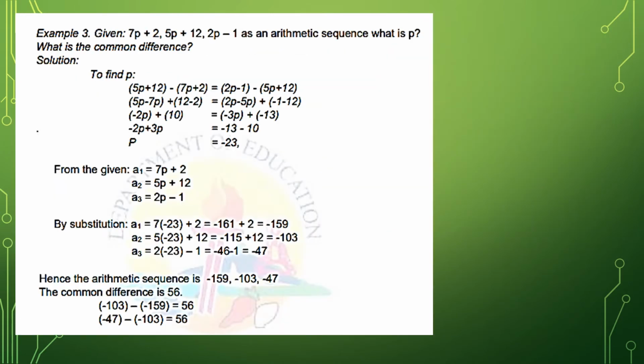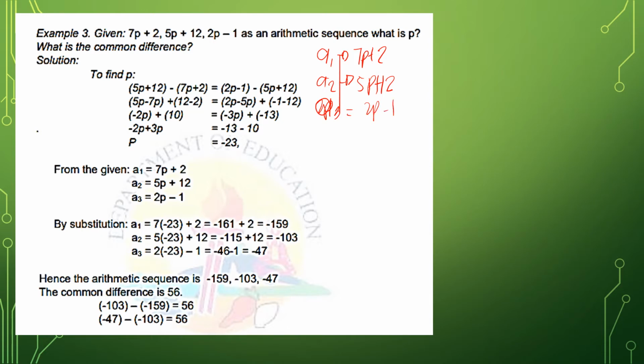Suppose we have here an arithmetic sequence 7p plus 2, 5p plus 12, and 2p minus 1. Now, what is the value of p and what is the common difference? To solve for d, we simply subtract two succeeding terms. Since we have here three terms, we have a sub 1, which is 7p plus 2, a sub 2, which is 5p plus 12, and a sub 3, which is 2p minus 1.